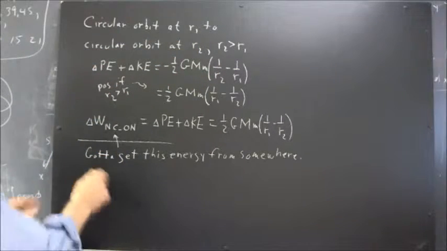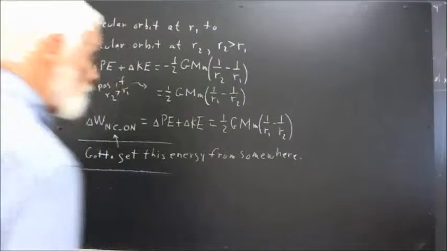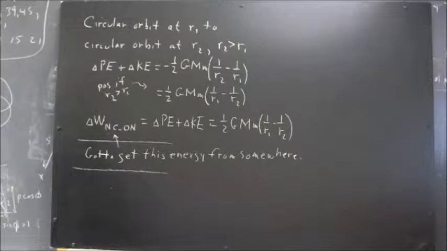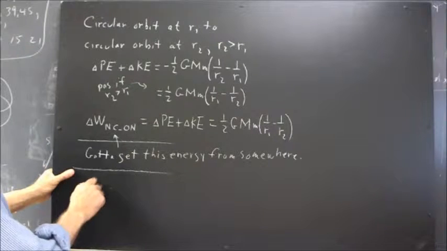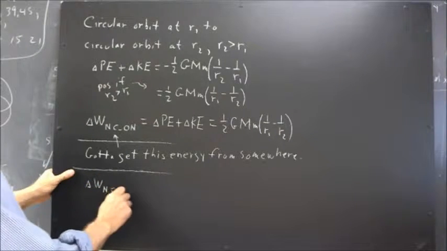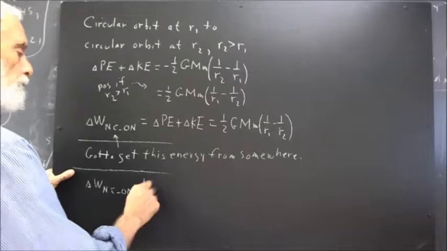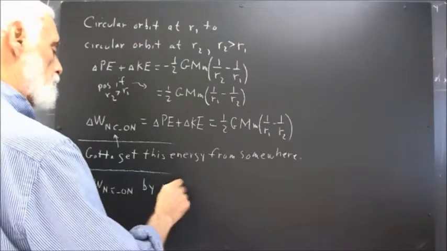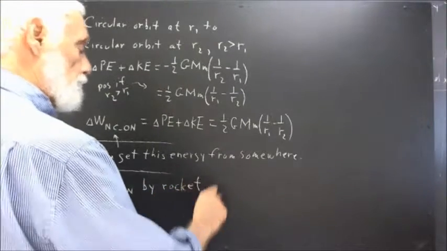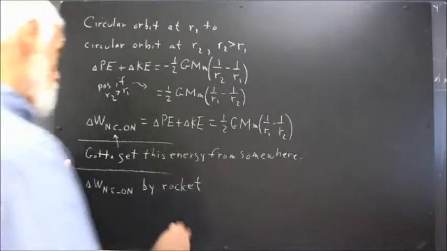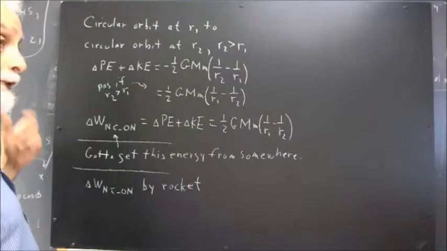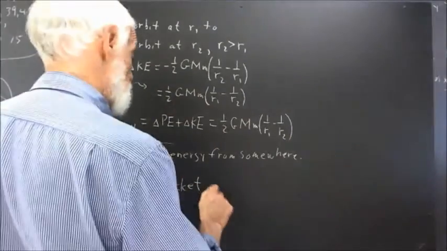It goes from here to there by virtue of a non-conservative force exerted by what? What do you think? Well, in the case of a satellite, at least with the technology we have right now, and any technology we can foresee in the future, it does this by rocket engines.